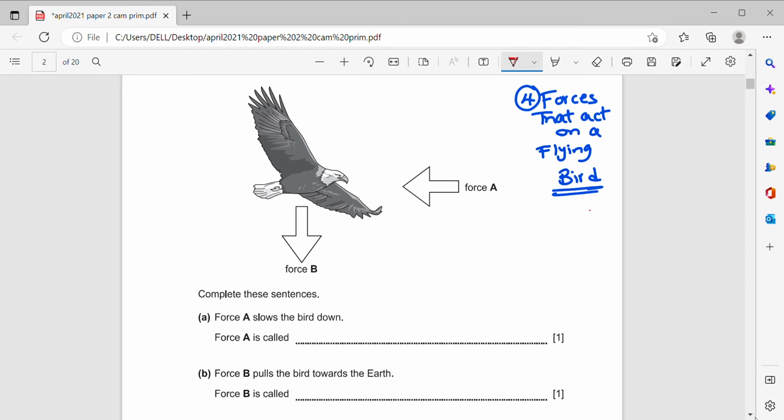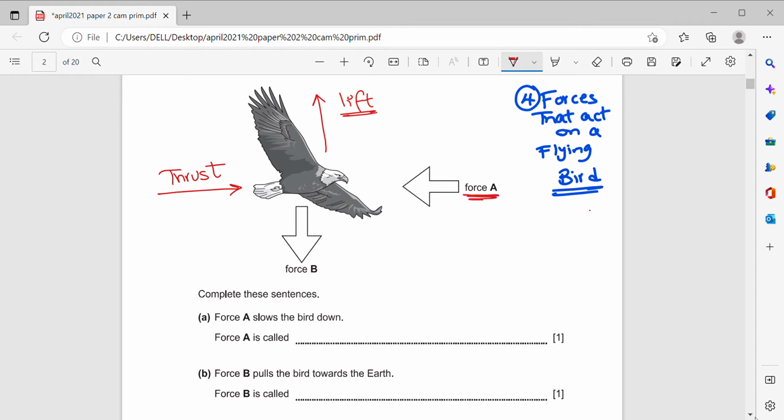First, we have a force that helps the bird to fly, the lift force, and we have the force that pushes the bird forward. It's called the thrust force.